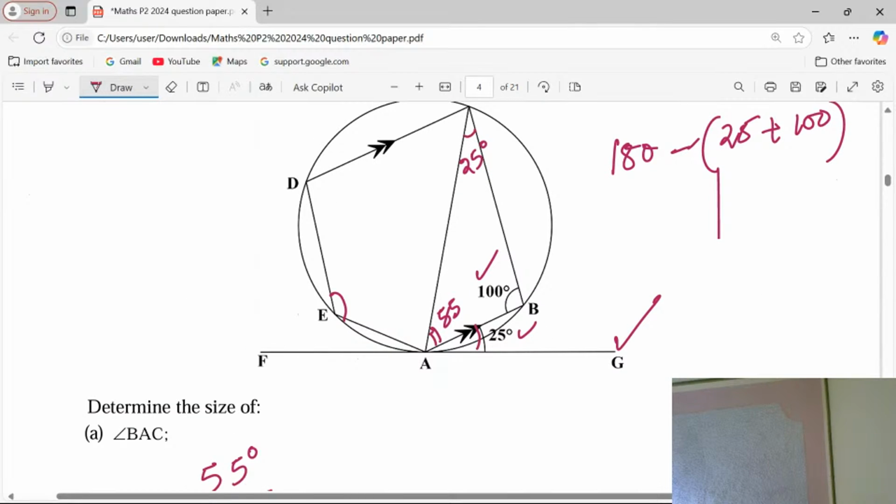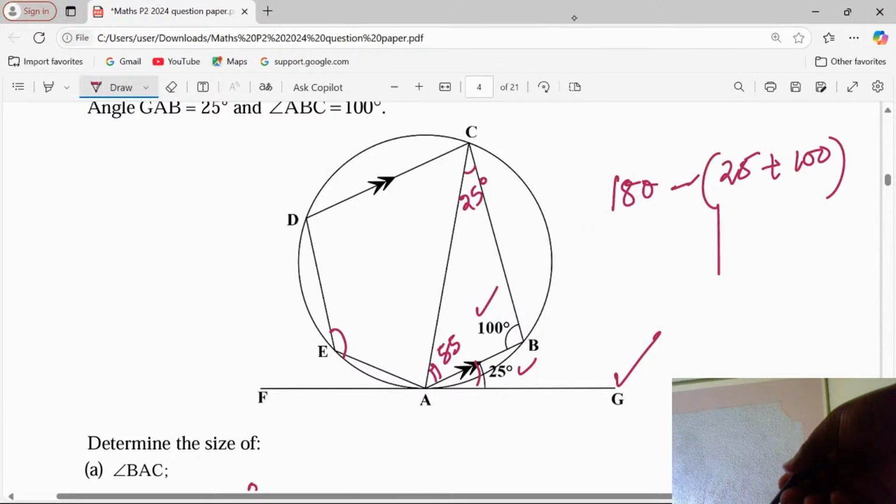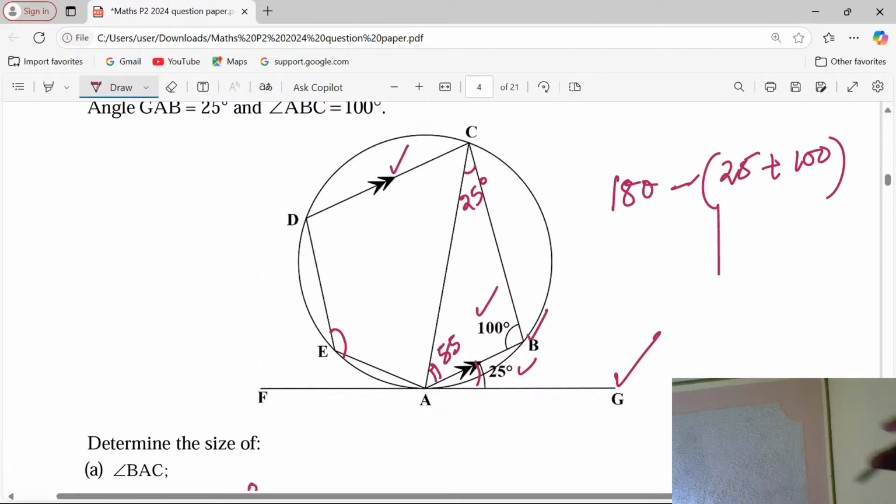Now, what we are supposed to know is that line DC and line AB are parallel, which means line AC is a transversal. Then the angle at A, which is 55, is going to be alternate to the angle at C, which will also be 55. Alternate angles are equal when there are two parallel lines and a transversal.